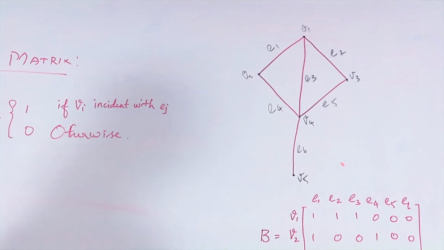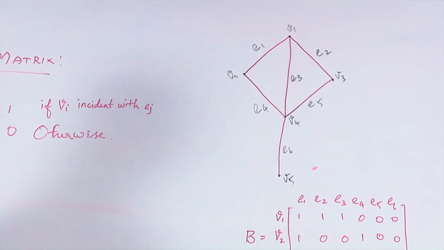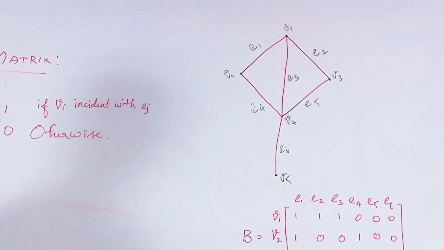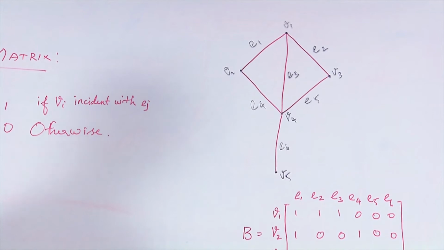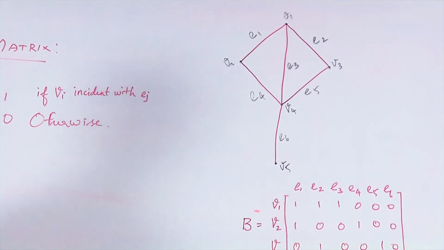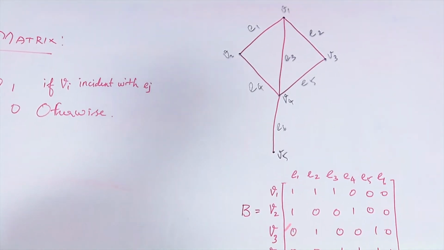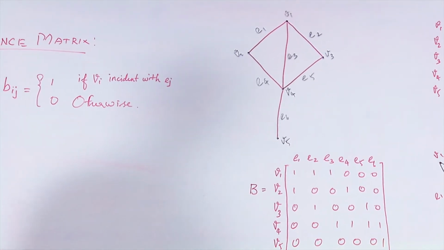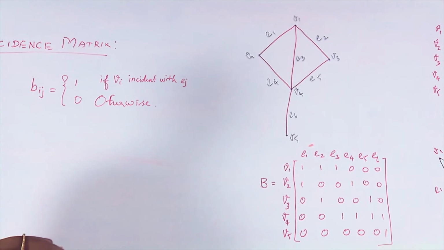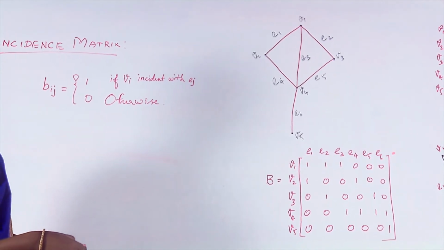As we have seen in the definition, it's not going to be a square matrix; it's going to be a matrix of order 5 by 6. So it need not always be a square matrix. The rows correspond to the vertices V1 to V5, and the columns correspond to the edges E1 to E6.